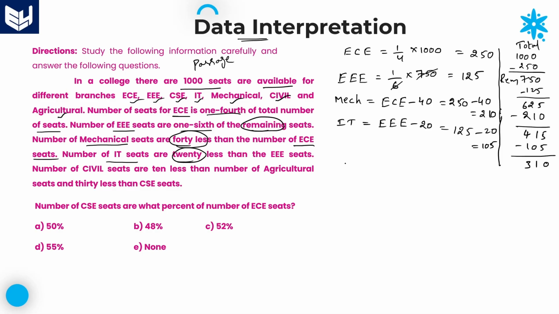And next, up to here the information is done. And next one is the number of civil seats. Now we are talking about civil.